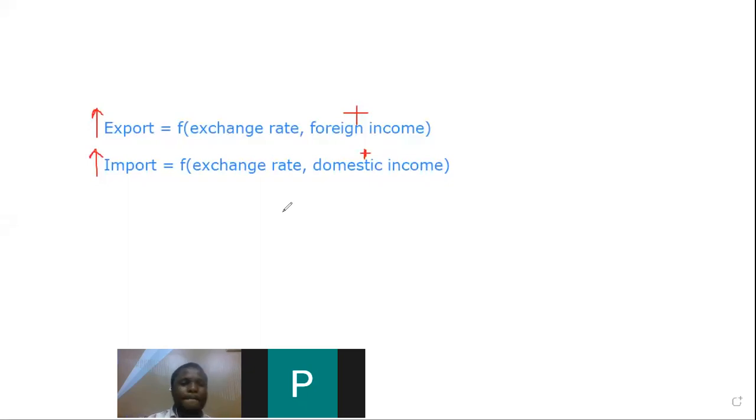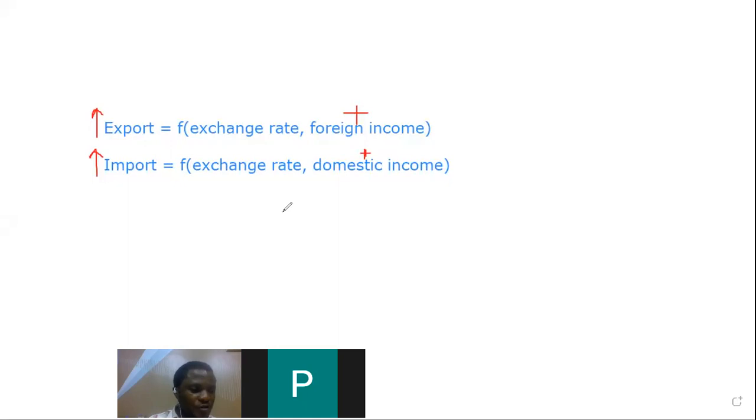That is it. I remember I said I'm describing the nature and determinants of import and export for developing economies.